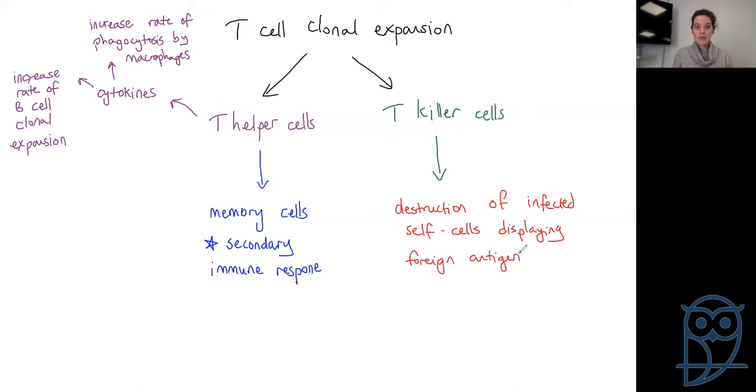Okay, so we have now the T cells. We have the B cells. We have everything working together. Okay? And what we're pulling out from this is that we have quite a massive response. So what is all this talk then about memory cells? Why do we need memory cells?